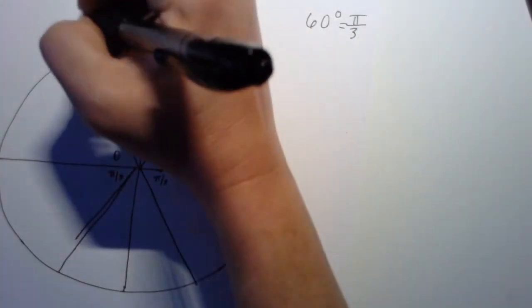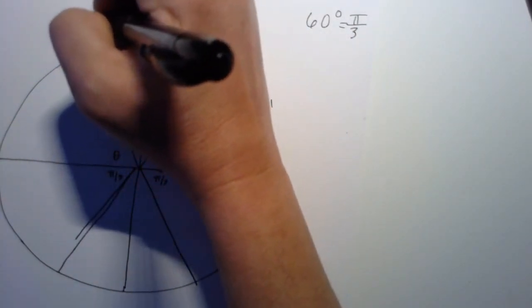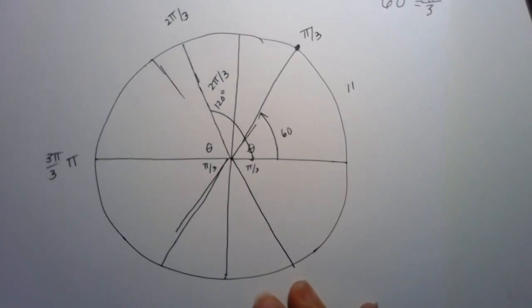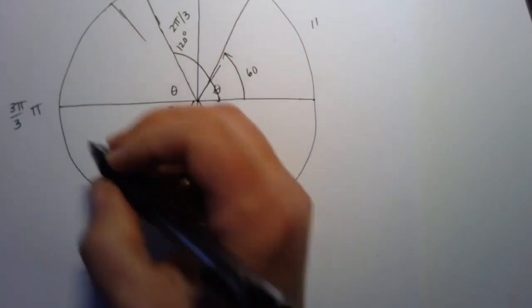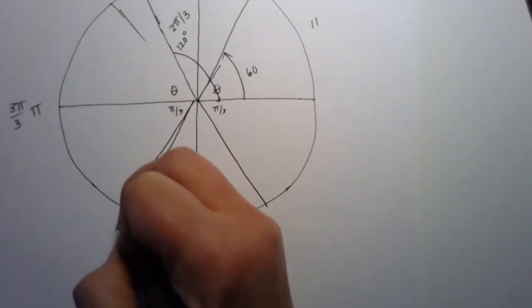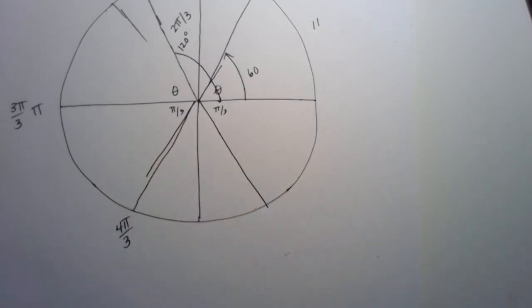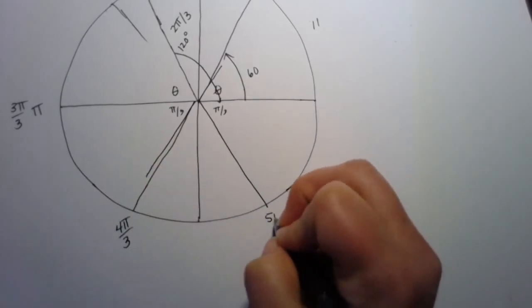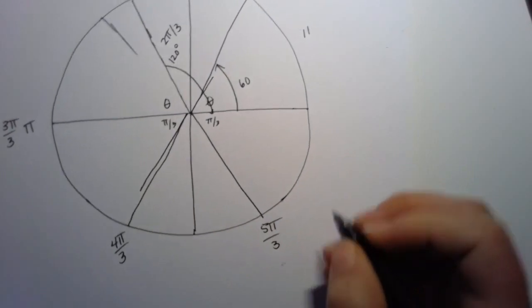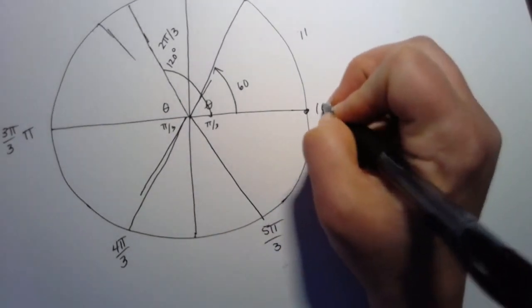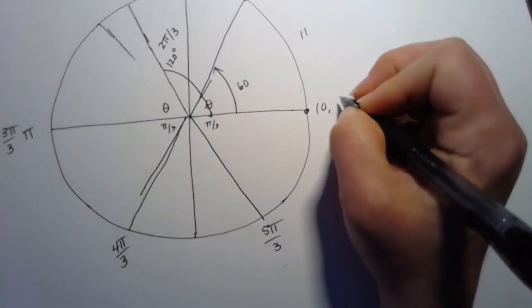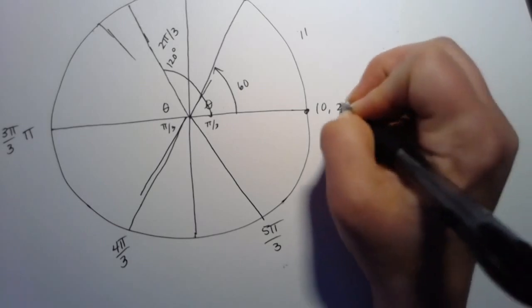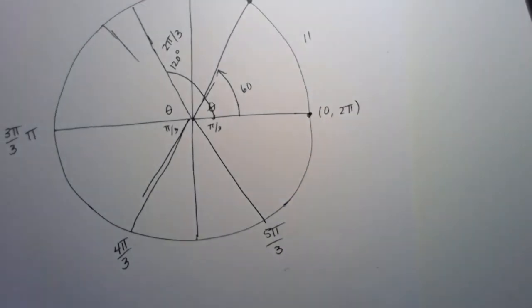This one over here is 2 pi over 3. 3 pi over 3 simplifies to pi. I come down here, this would be 4 pi over 3 then. It doesn't simplify. And 5 pi over 3 here, which also does not simplify. And 6 pi over 3 would be 2 pi, so it lands right there, okay?